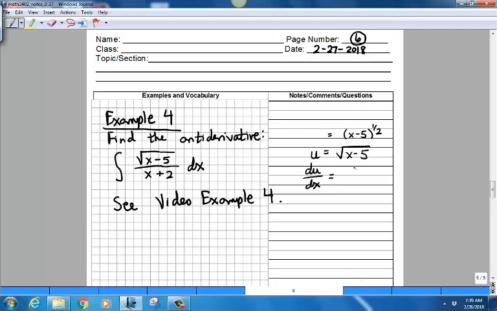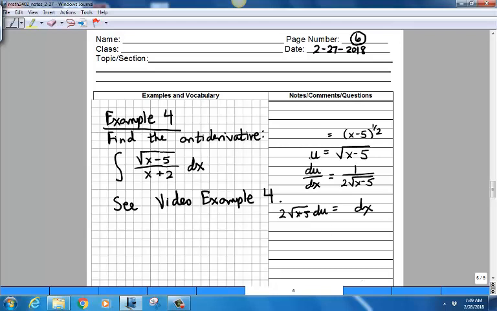So ultimately, once you go through that process, I'm not going to go through all the steps, you'll get that du dx is 1 over 2 times the square root of x minus 5. So that when you solve for dx in this equation, you'll get dx is 2 times the square root of x minus 5 times du.